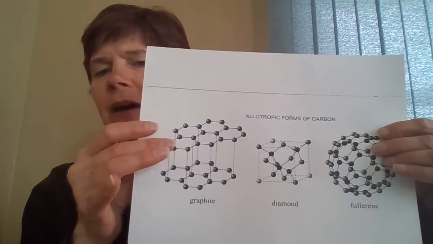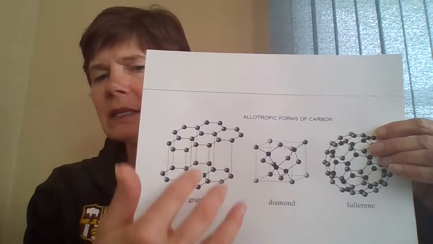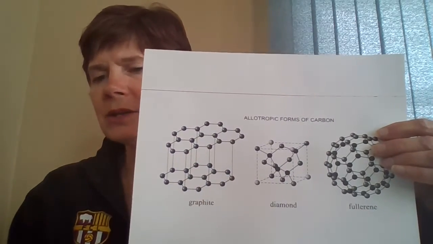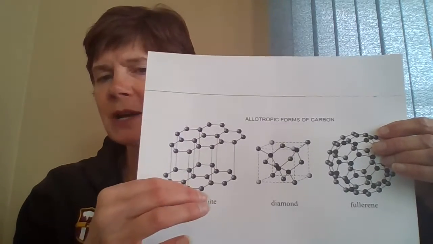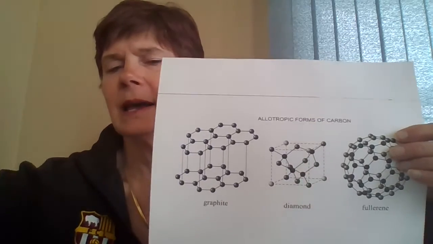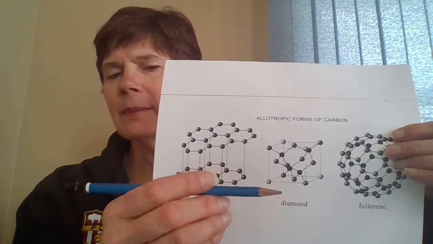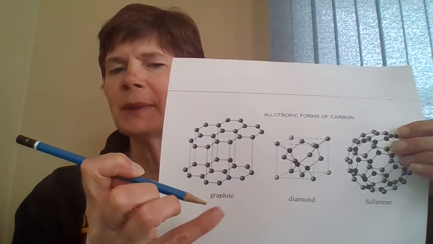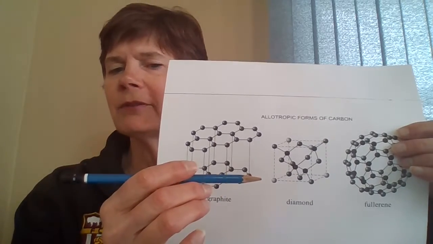You can see that we have carbon atoms that are bonded into sheets, and then these lines in between are meant to show intermolecular or interparticle forces of attraction. That is graphite, like we would have in pencils. So here is pencil graphite. We call it pencil lead, even though it's not lead. That would be this form of carbon.